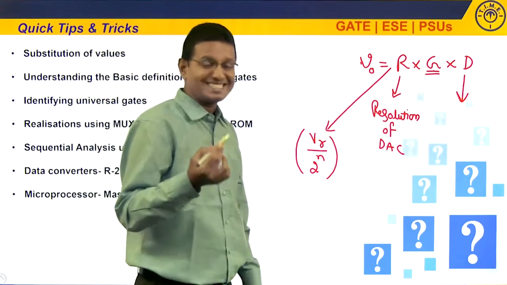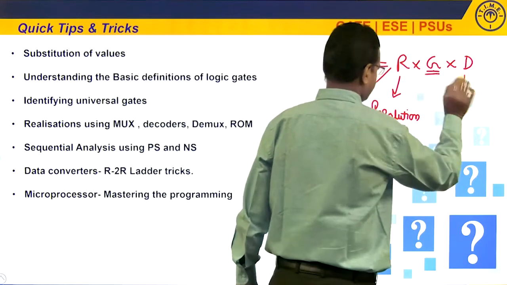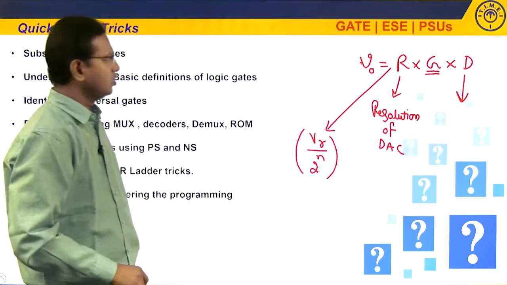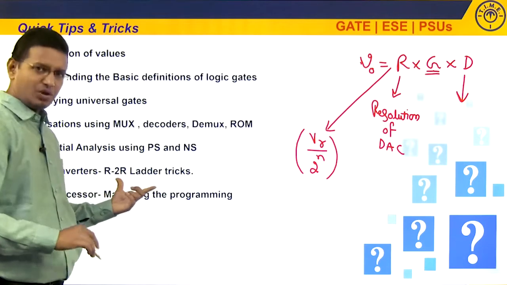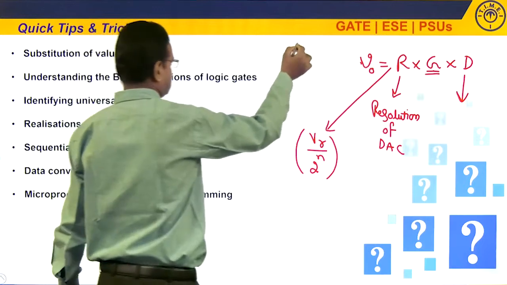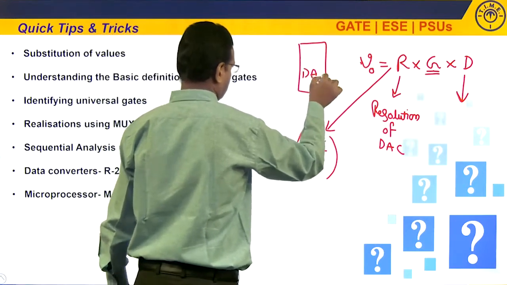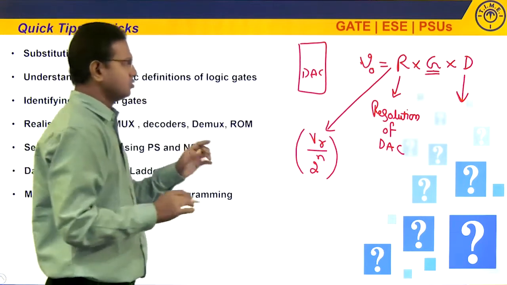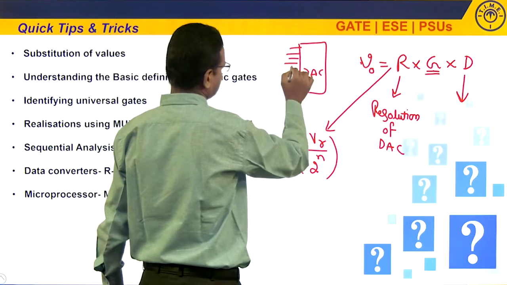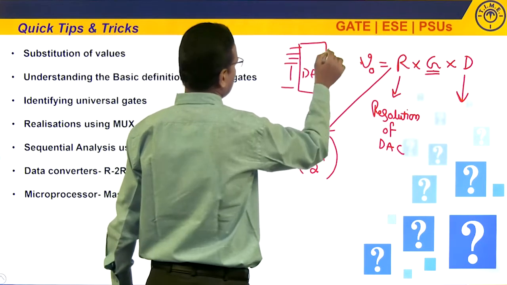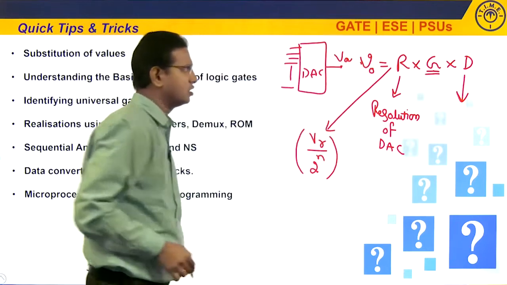D stands for the decimal equivalent of the binary input. So what is this decimal equivalent? Since we are discussing digital to analog converters, in particular R-2R ladders: in general, any digital to analog converter has many inputs and only one output, which we call the analog output.